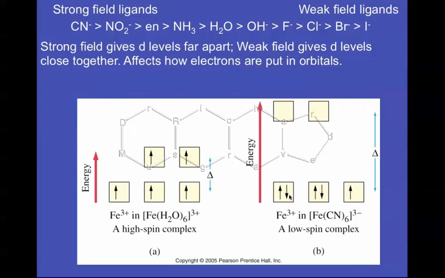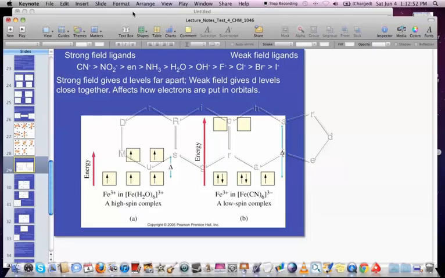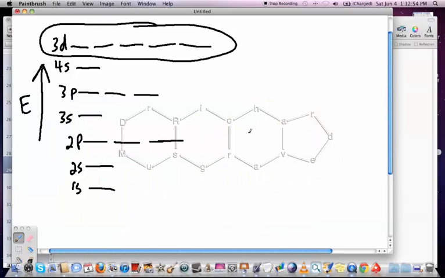And that difference leads to a different way of putting the electrons in these orbitals. Let me show you how that goes. Alright, so let's say we've got our strong field ligand. It leads to a very large difference in between these two orbitals. And we've got 5 electrons.